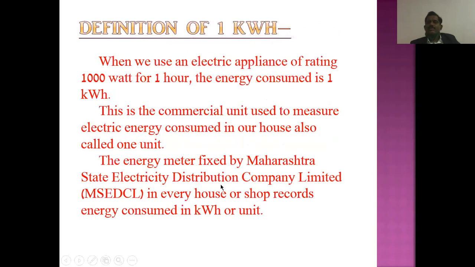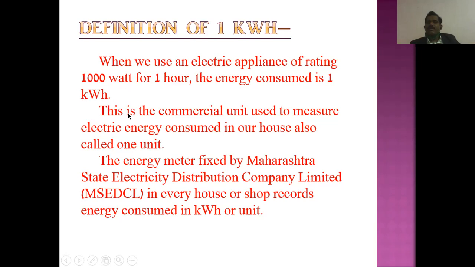By the definition of 1 kilowatt hour, when we use electrical appliances operating at 1000 watt for 1 hour, the electrical energy consumed by that appliance is 1 kilowatt hour. Means when we switch on a bulb of 1000 watt power and that bulb is used for 1 hour, that is called 1 kilowatt hour, and also it is called 1 unit.